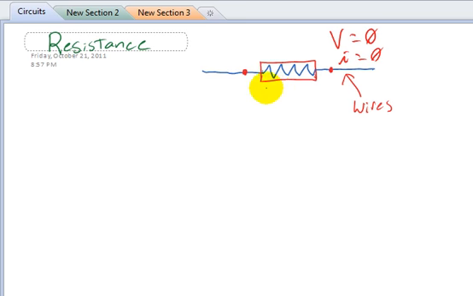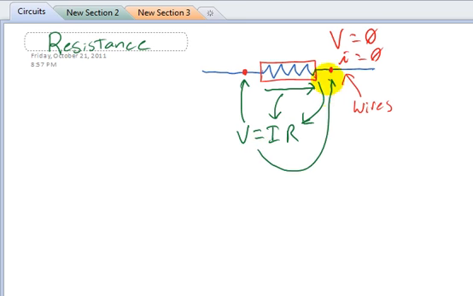I'll note the current with a green arrow. If you have current going through this thing, we can figure out what V is, because we know that V is equal to I times R. So you would plug your current in, and you would plug your resistance in, and you would find the voltage from this red tick to that red tick. A lot of arrows there.